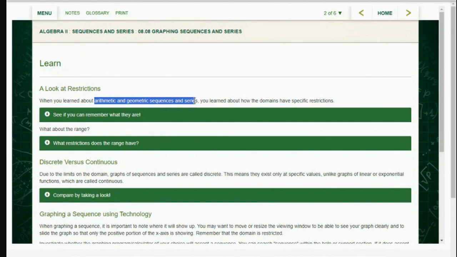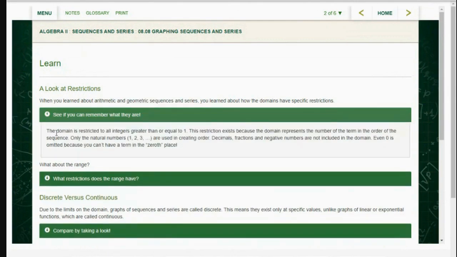The domain is restricted to counting numbers: integers greater than or equal to 1, because we don't have a 0th term or a fraction. We don't have a 3.5 term of a sequence. So we can't even have a 0th place.